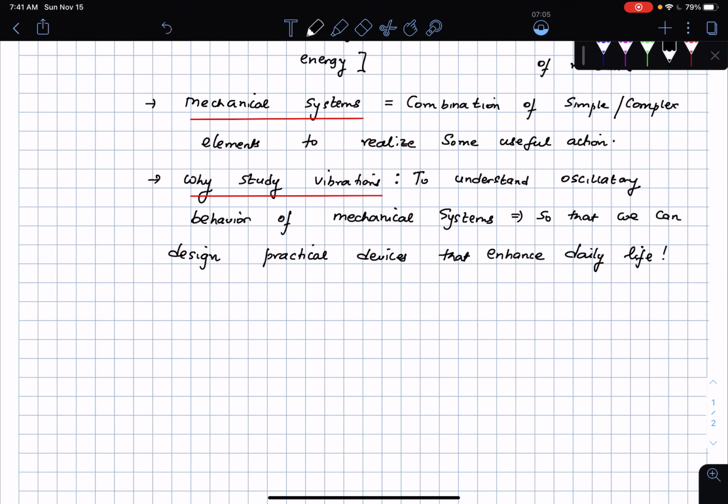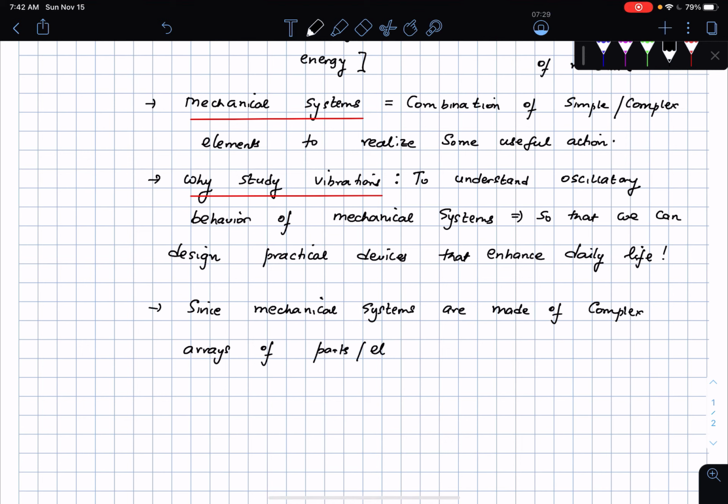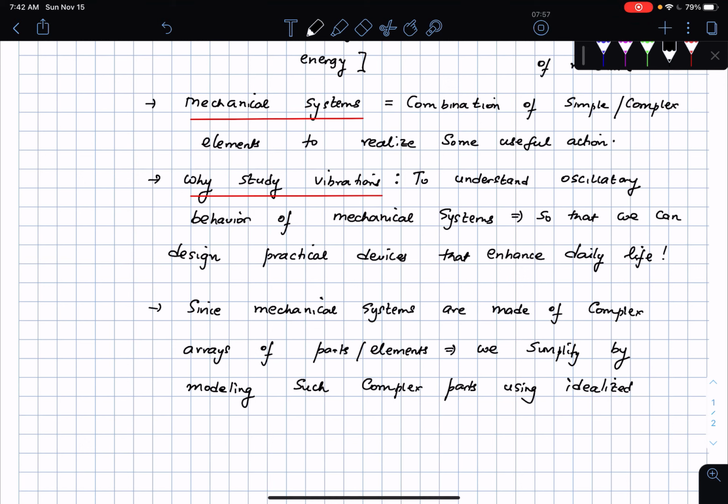Since mechanical systems are made of complex arrays of parts or elements, we simplify the situation by modeling such complex parts using ideal elements, or idealized elements, such as springs and dampers.